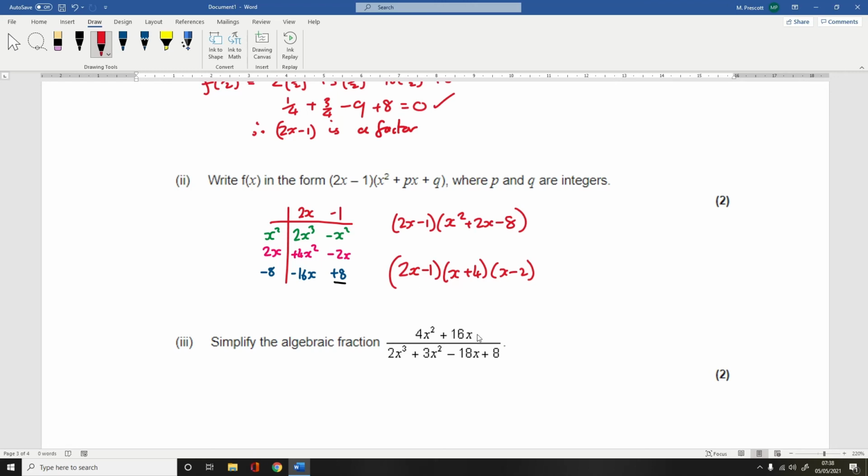So if we want to simplify this algebraic fraction, as we said with algebraic fractions, factorise everything first. This will be 4x, x plus 4 on the top, and it will be 2x minus 1, x plus 4, x minus 2 on the base, and all we can do to simplify that is cancel out the x plus 4's, so we'll end up with 4x over 2x minus 1, x minus 2.